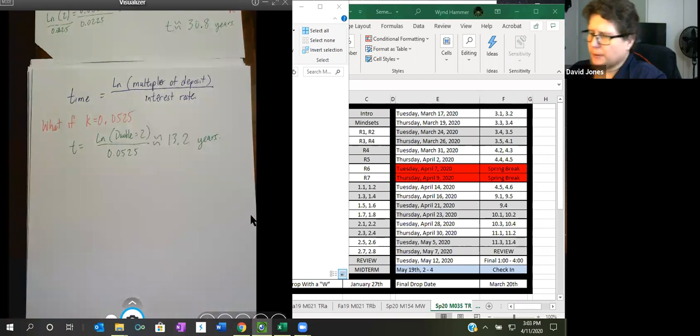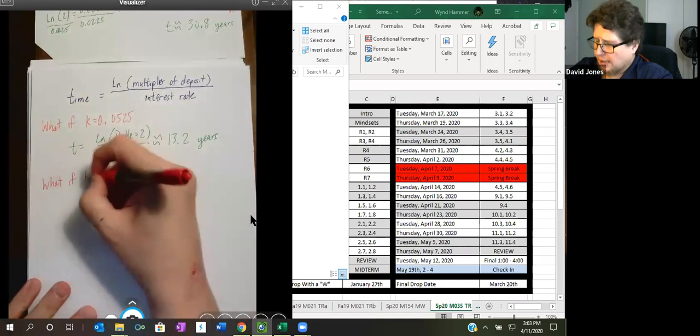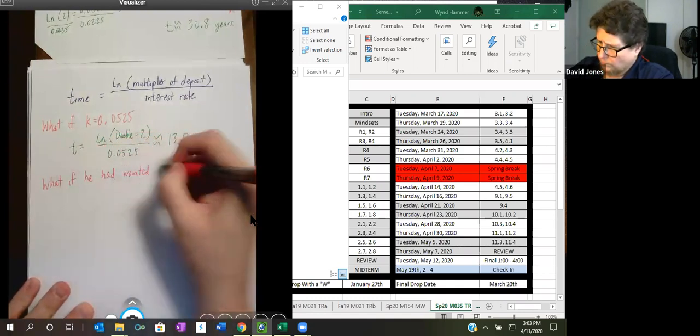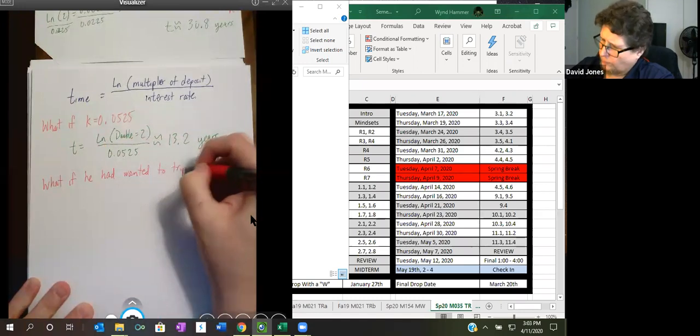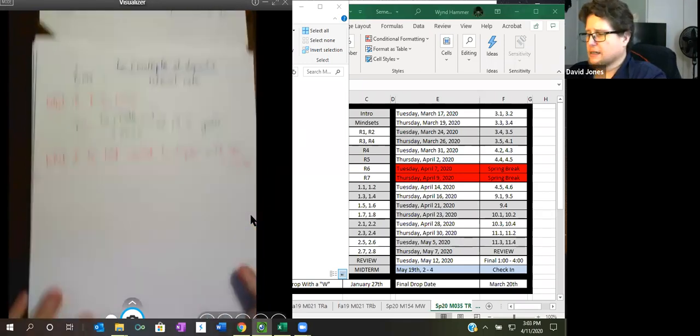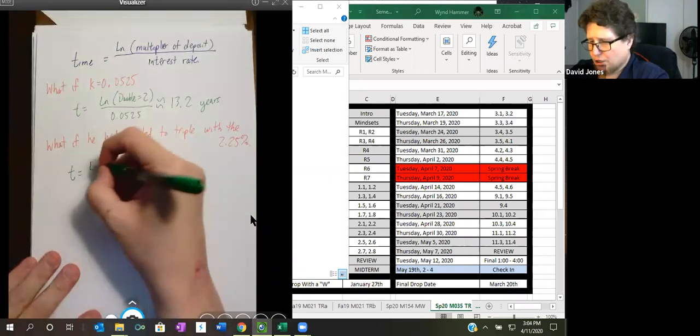What if he wants to triple his income? With the 2.25%. Now his multiplier, triple means 3.